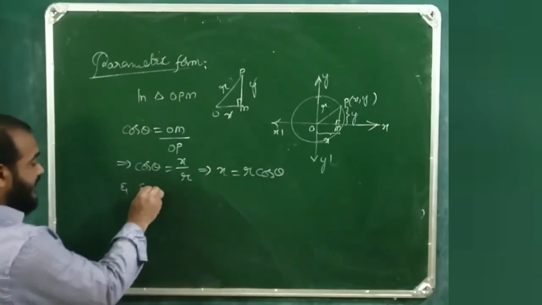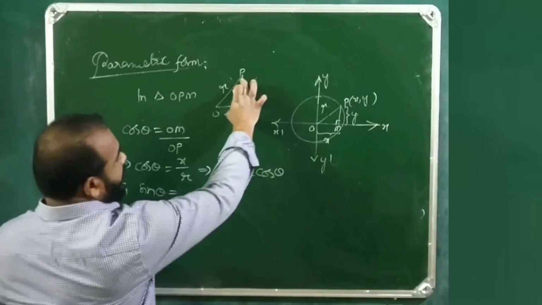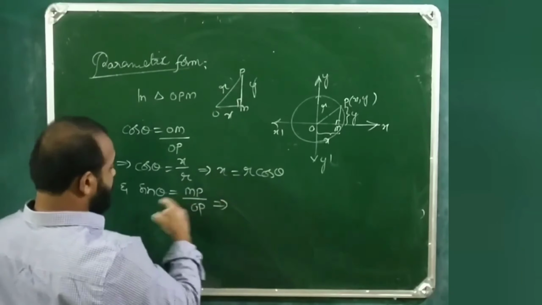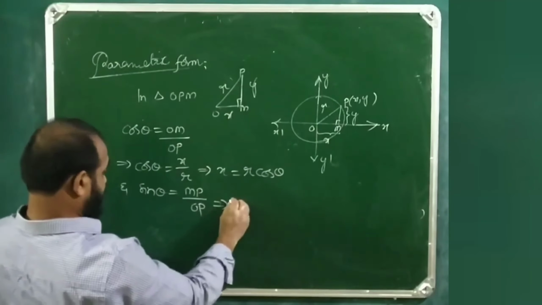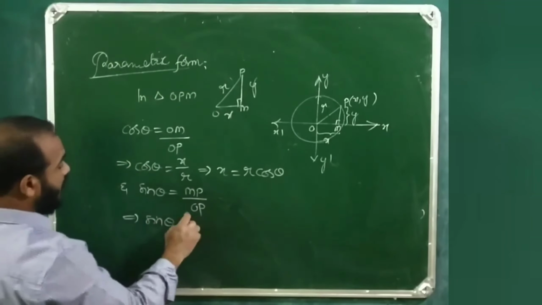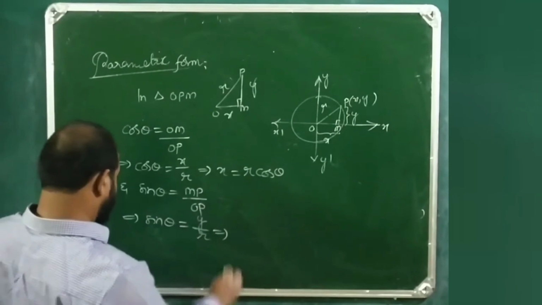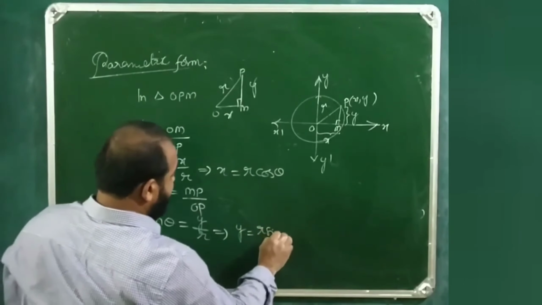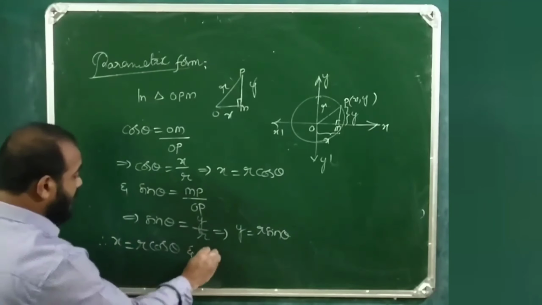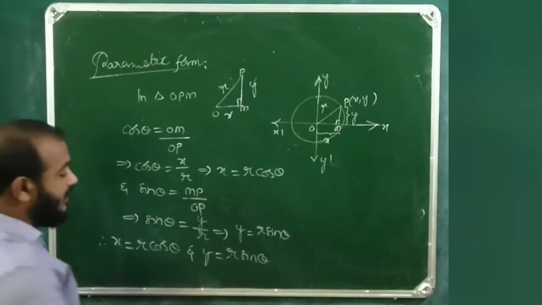And sin theta is equal to opposite side by hypotenuse, MP by OP. So sin theta is equal to y by r. So from this, y is equal to r sin theta. Therefore, x is equal to r cos theta and y is equal to r sin theta are said to be the parametric equations.